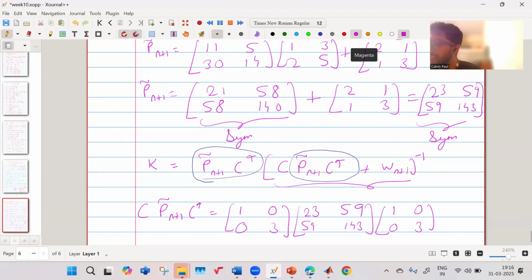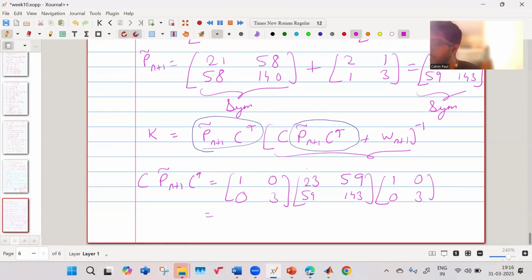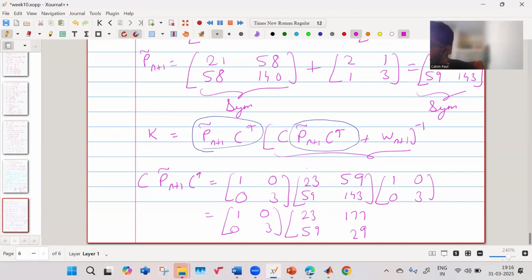So what we will get: 23 into 1 is 23. Then 59 into 3 is 177. 59 into 1 is 59, and then 143 into 3 is 429.